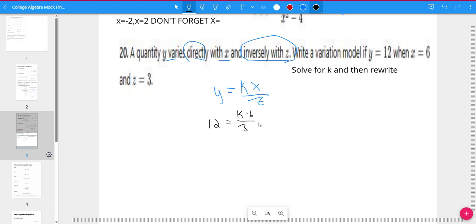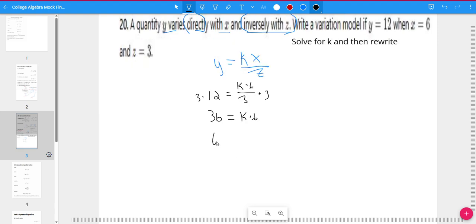We can solve for k. Then divide by 6 on both sides, that gives me 6 equals k. So this variation model means, if I rewrite this over here, y equals 6x over z.